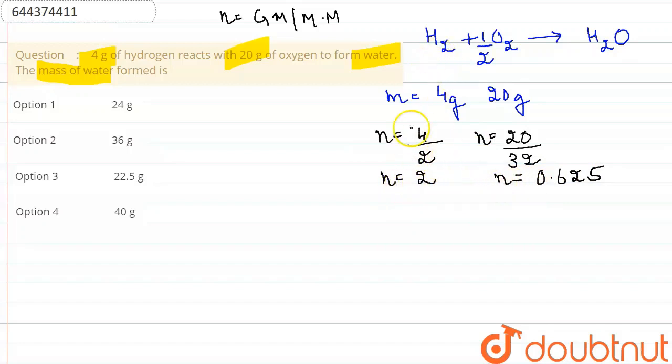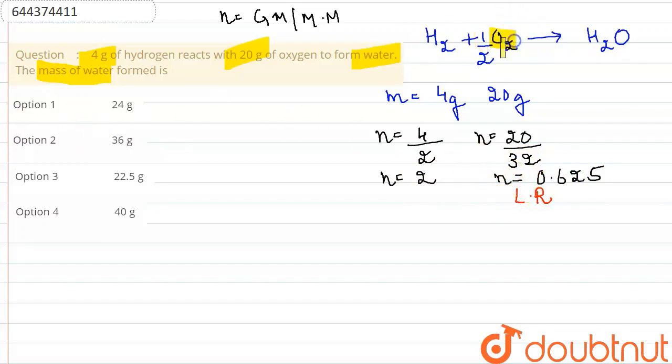So out of these two, that is H2 and O2, which one is your limiting reagent, right? We have to firstly find out that. So the limiting reagent is the one which gets completely utilized in the reaction. So here H2 has 2 moles and O2 has 0.625 moles. That means since it has less number of moles, so it is the limiting reagent.